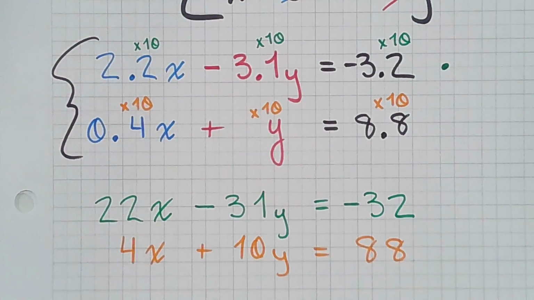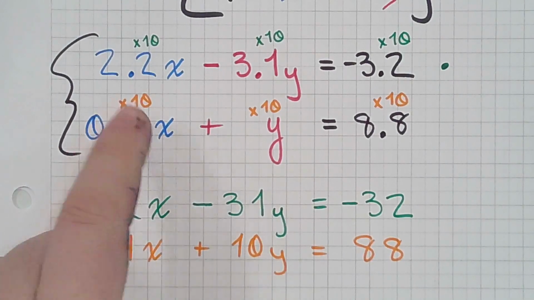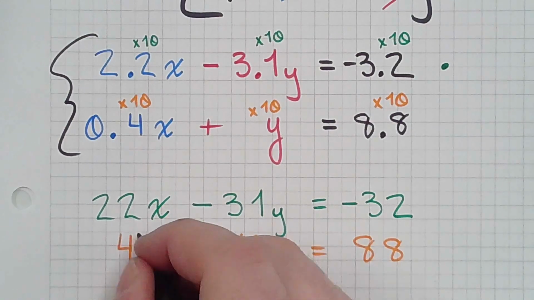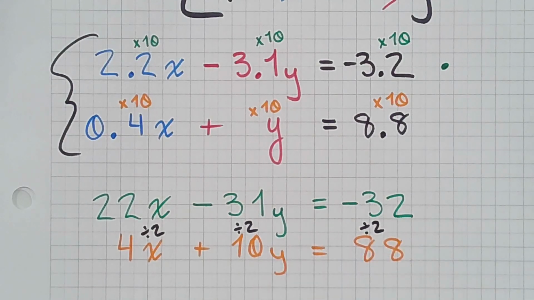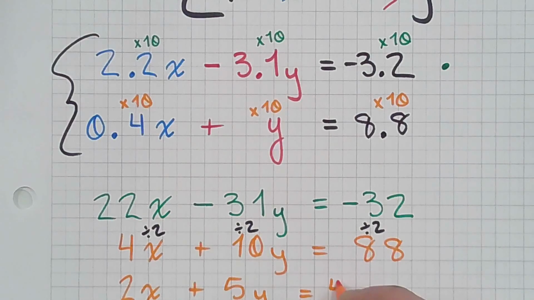And you might notice that this bottom equation, I could divide by 2 to make it simpler, right? So I actually didn't need to times by 10. If I times by 5, it would have worked. But no big deal. I'll just divide everything by 2 now. And that'll make our new equation 2x plus 5y equals 44.